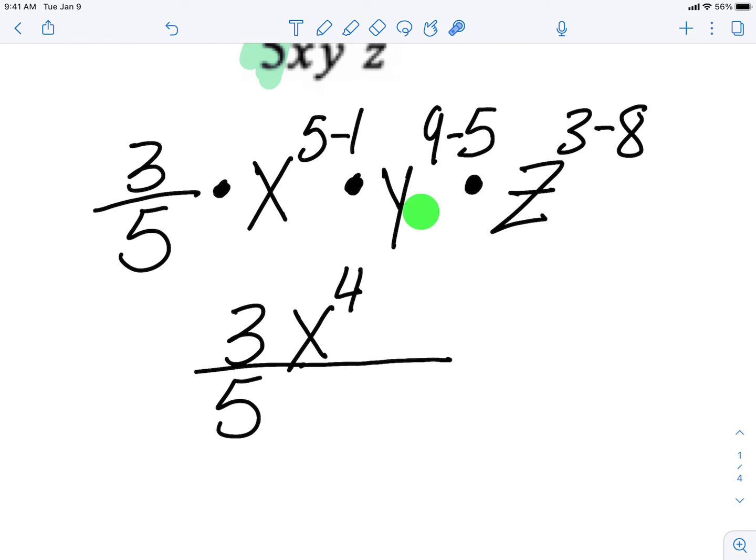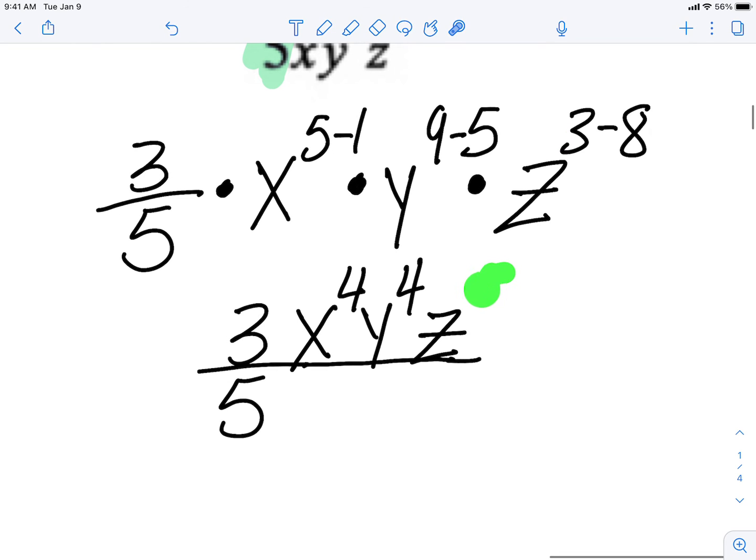My y, 9 minus 5, which is also 4, so y to the 4th. And finally, my z is 3 minus 8, positive 3, negative 8. I subtract, 8 minus 3 is 5. And I get negative 5 because 8 is negative and 8 is bigger.